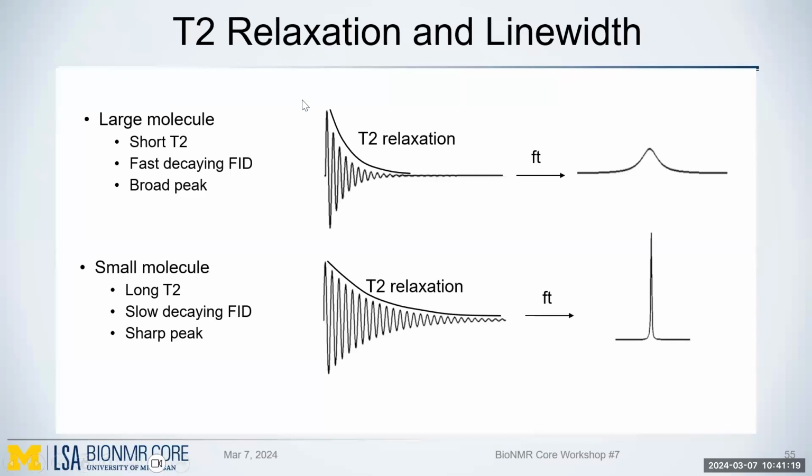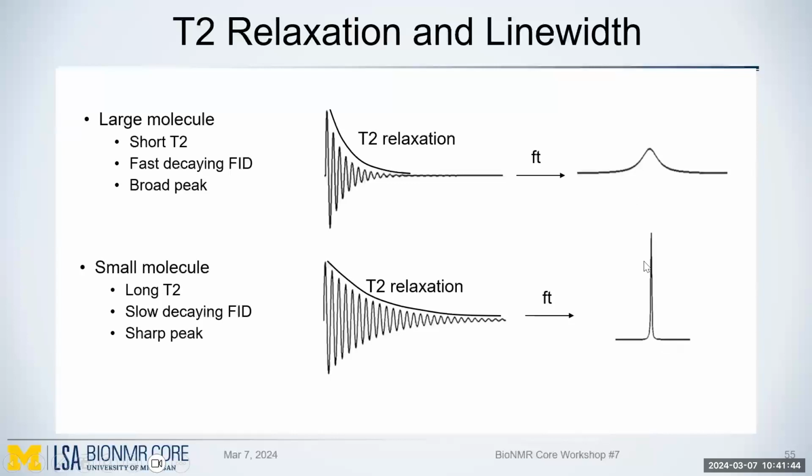You can see over here, this signal decays very fast, and after Fourier transform, this results in a broad peak. For small molecules, that is, non-ligands that do not bind to the macromolecule, they have a long T2 relaxation time, so the FID decays very, very slowly. After Fourier transform, this results in a very sharp and strong peak.